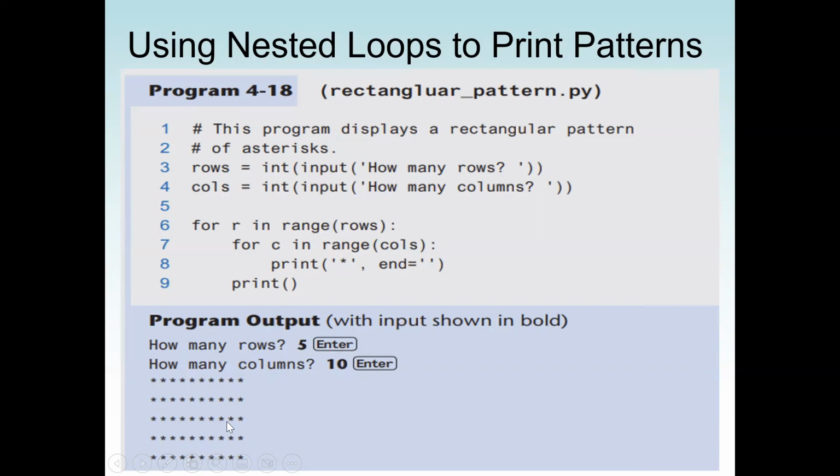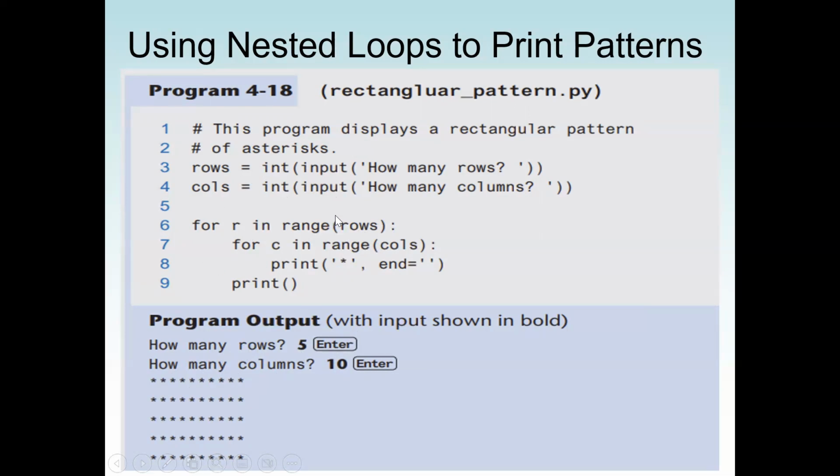Columns is 10. So for rows we go from 0 to 4, that's 5. Then for columns we have 10, so we go 0 to 9. So we are going to execute the inner for loop 10 times. That's why we have 10 columns for the first row.